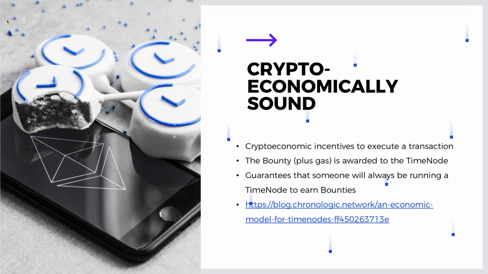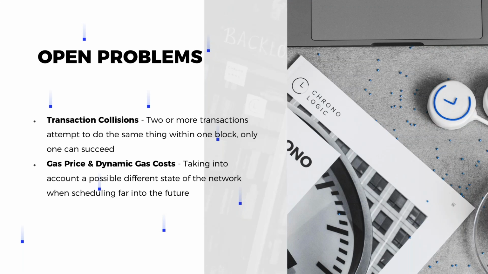So I would advise you guys to go further into the blog post which Peter wrote to have a good breakdown of the economics. He has a chart in there which explains the present state of the Ethereum Alarm Clock, version 1. Please take note that this doesn't refer to the Chronos protocol because this is still very much under development, and so we don't have all those values for it yet. So that's about the crypto economics of the time nodes.